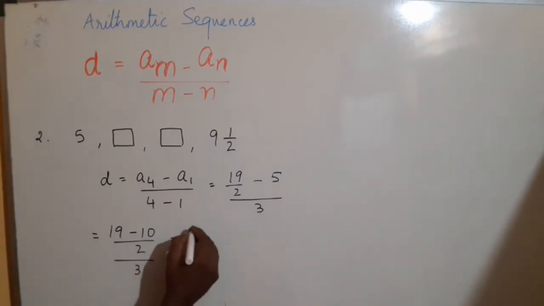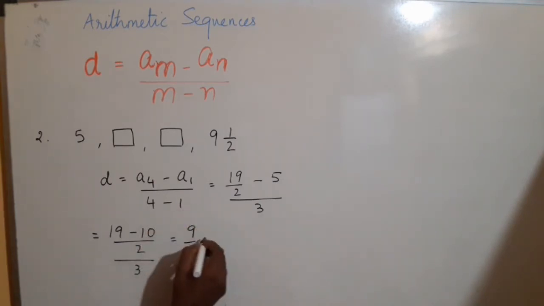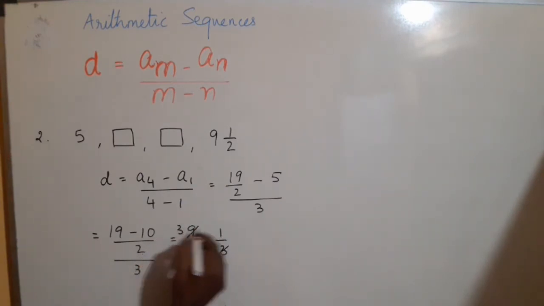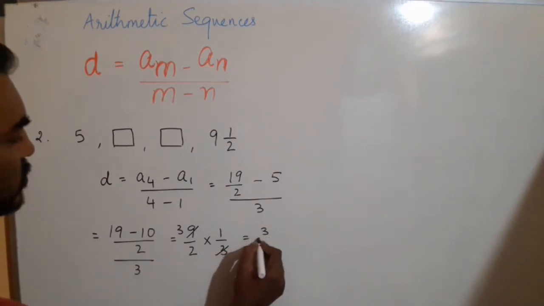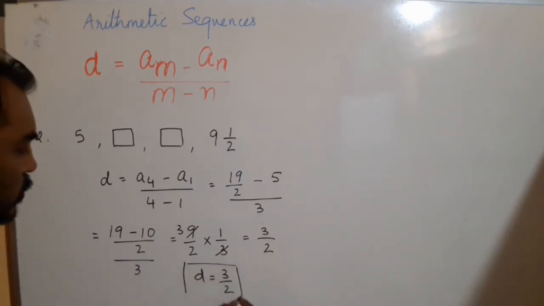This becomes 9 upon 2. And when we take the 3 on the top, we take the reciprocal, we get 1 upon 3. 3 1s are, 3 3s are, and the common difference is 3 upon 2. So D of this sequence is 3 upon 2.